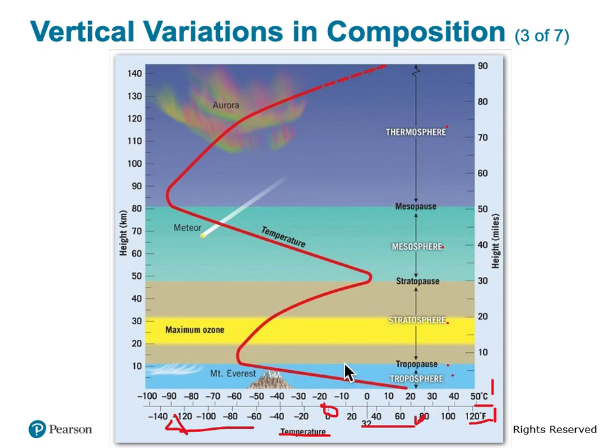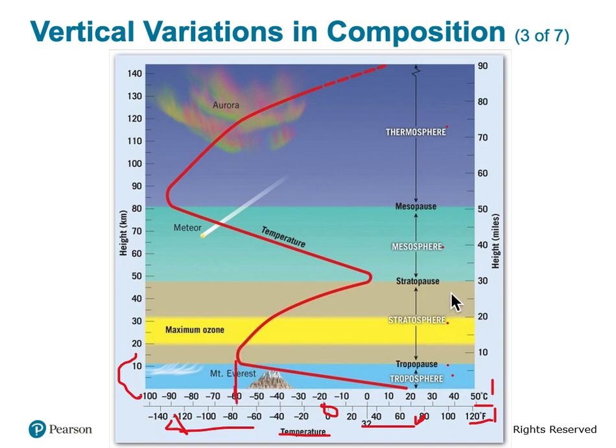So in our first layer, from 0 to 10 kilometers, we could see temperature is decreasing. Right at the top of the troposphere, the tropopause, the temperature is negative 80 degrees Fahrenheit. So it dropped consistently.